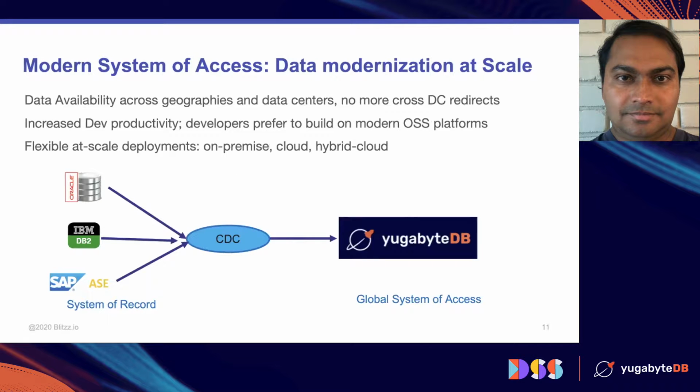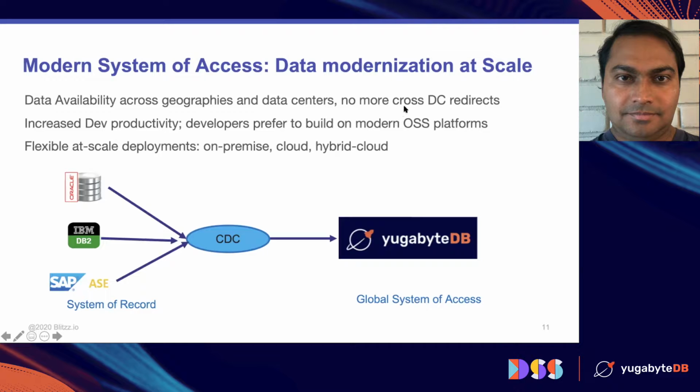It's really a data modernization at scale idea, because with a distributed database like YugabyteDB, instead of data being available in one data center or two data centers like legacy systems such as Oracle or DB2, you have your data available across geographies and across data centers.